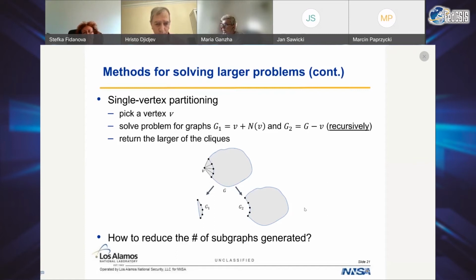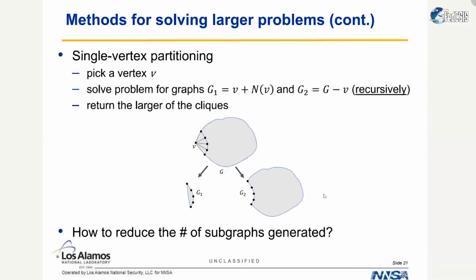If we know that V belongs to a maximum clique, then we just need to look at this maximum clique, which will be contained in the graph formed by V and all its neighbors. So we can remove V itself because we know it's already in that clique, and just look for a maximum clique in the remainder of the graph. So this is graph G1 on the diagram.